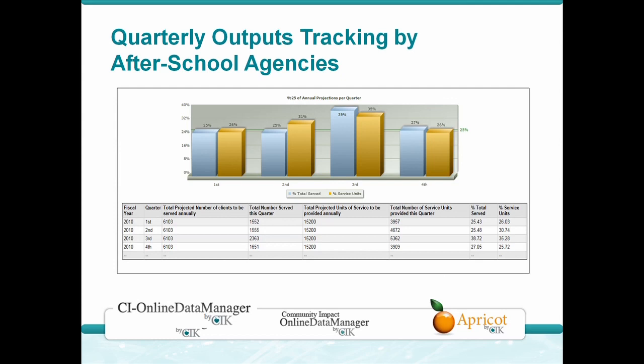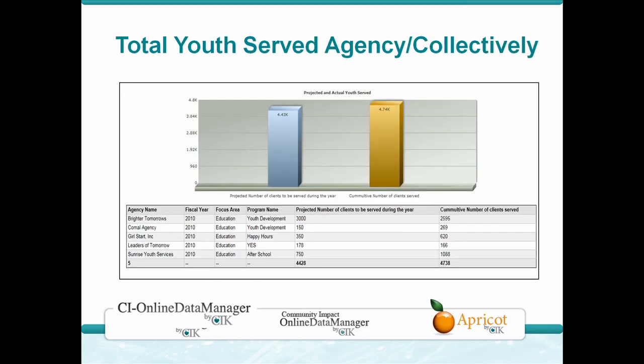And here it is looking collectively for each of the agencies, how are they doing during the quarters, so that you can track that and know collectively at the strategy level how are all of the agencies doing relative to their results. And then very quickly at the end of the year, you can highlight that collectively, remember, the 5 agencies' target was to serve 4,428 kids.